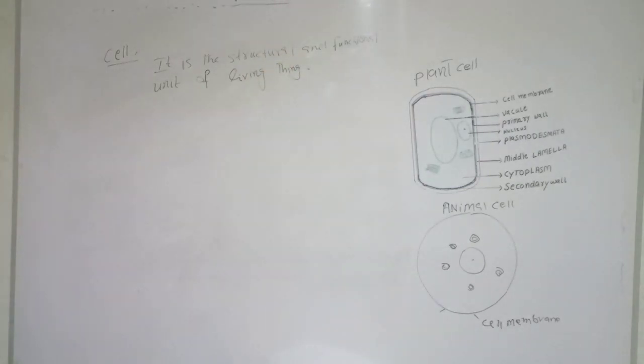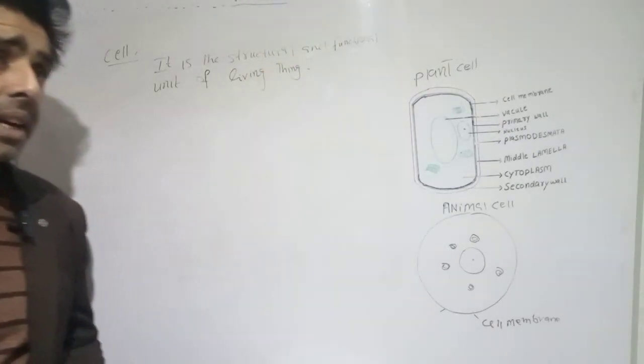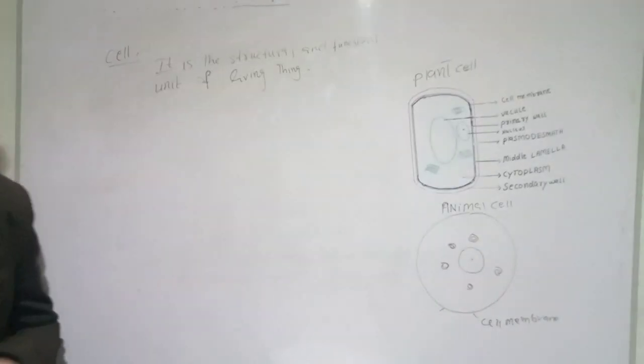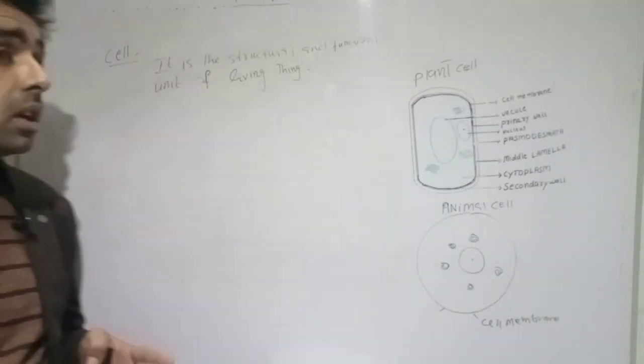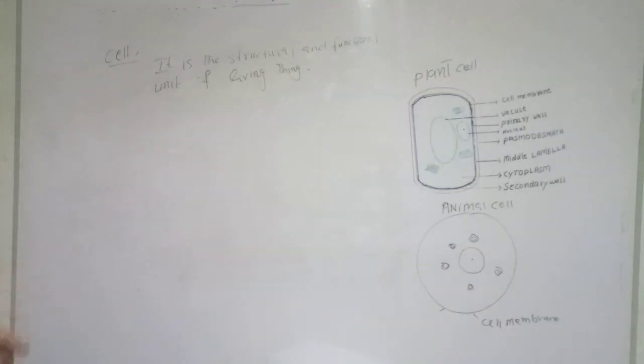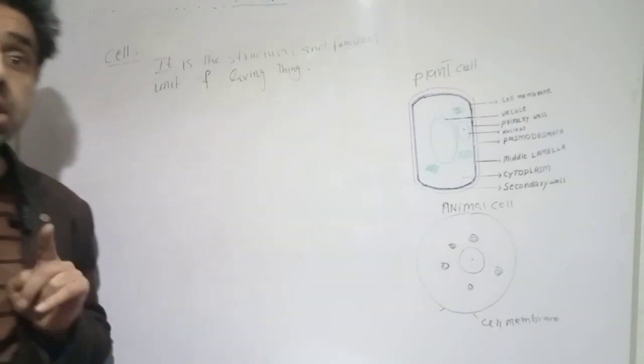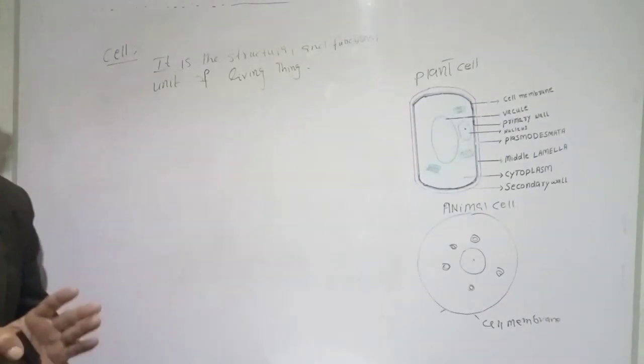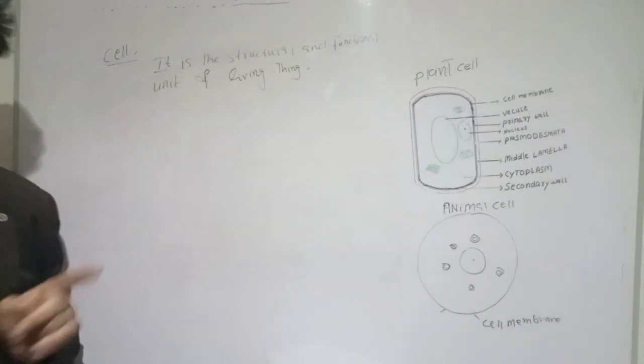If it is an ant, an elephant, or a human being, anything which is living, whether unicellular or multicellular, its structure is made of a unit, which is called cell.